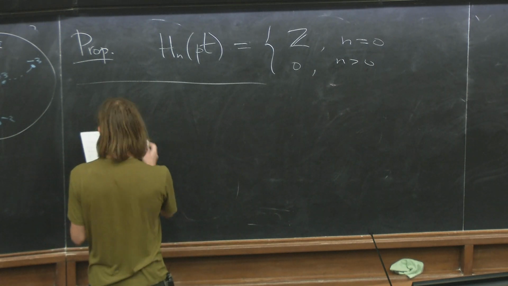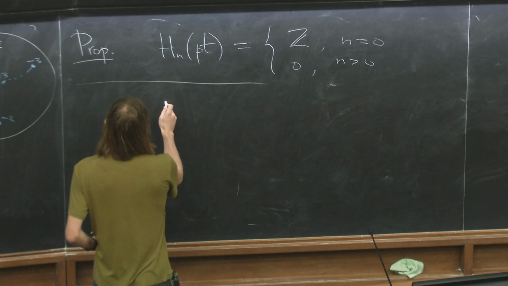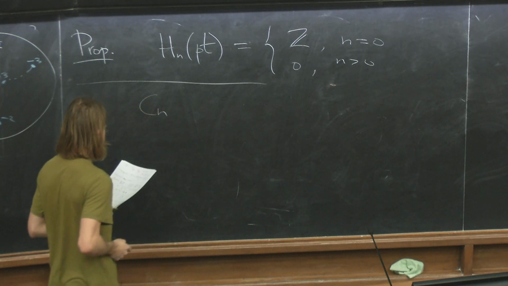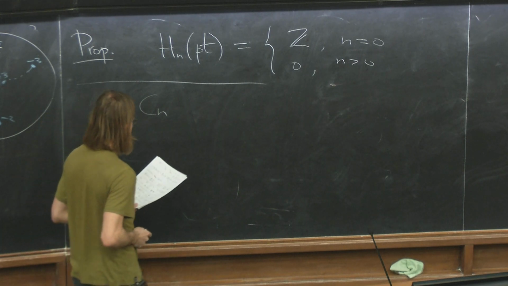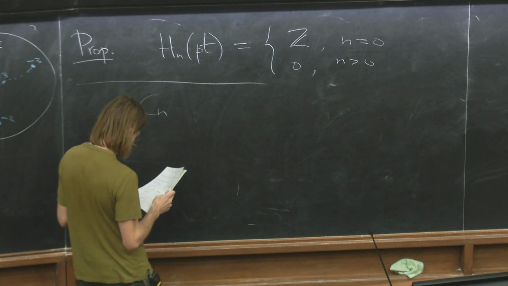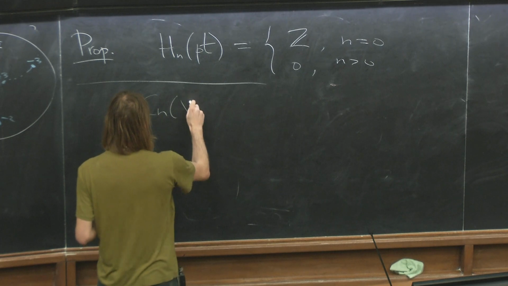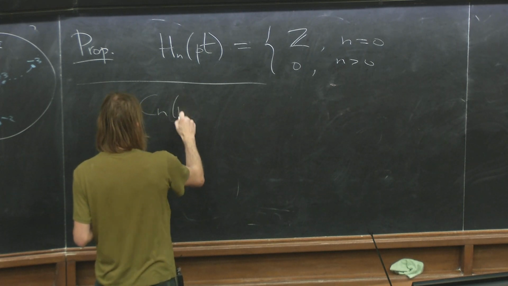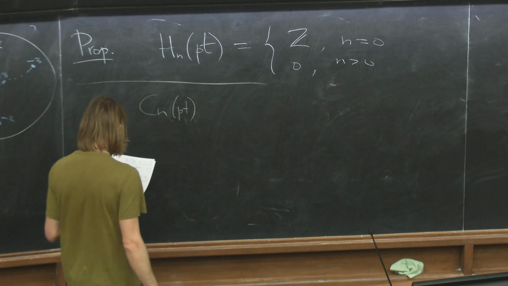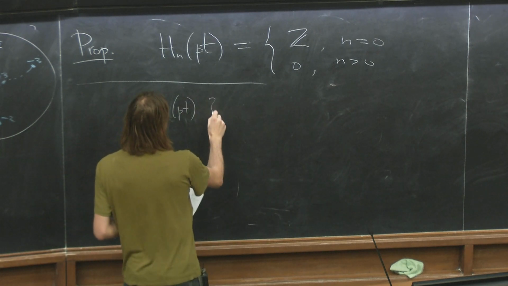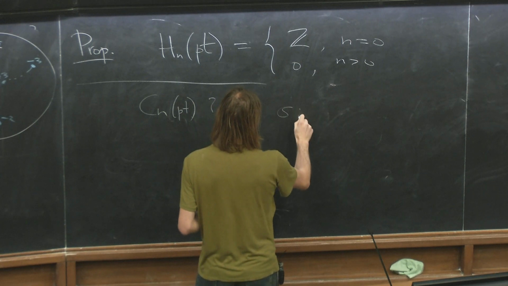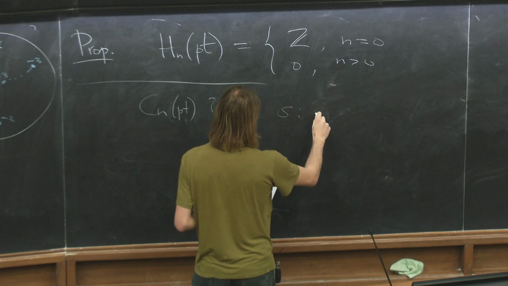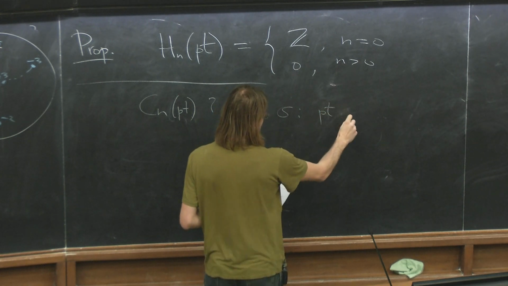But in this particular case, it's easier to describe explicitly the abelian groups of singular n-chains. So what is Cn of a point? We want to consider the map sigma from delta n to a one-point space.